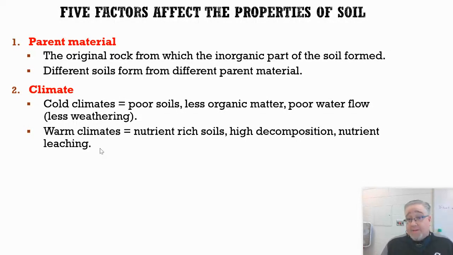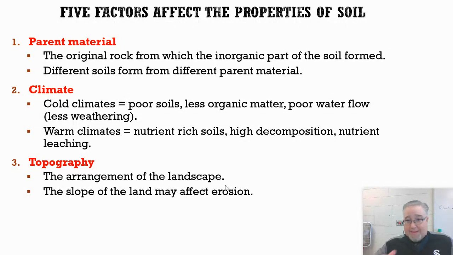Now warmer climates tend to have more nutrient rich soils, depending if there's a lot of organic life there. They have high rates of decomposition. You get a lot of nutrients that get into the soils. So they're kind of just the opposite of one another. Another factor that affects the soil is topography.